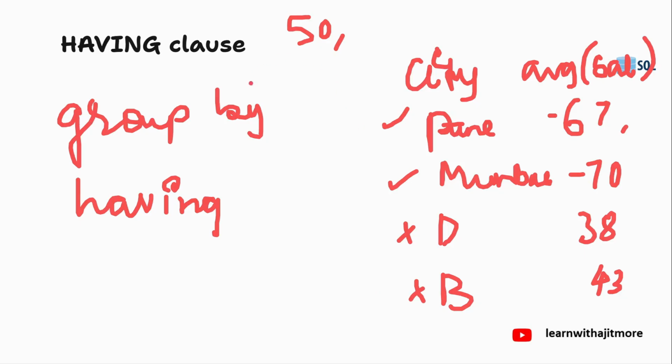So in short, where I apply a condition on the outcome of group by, that time we have to use having.